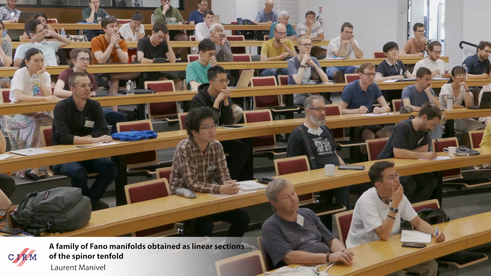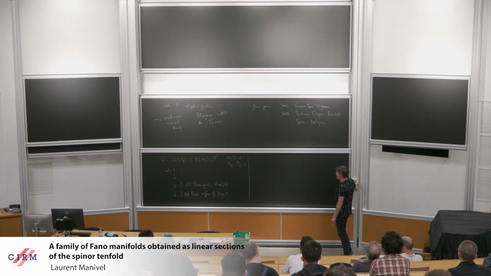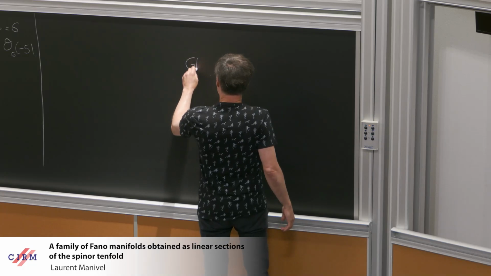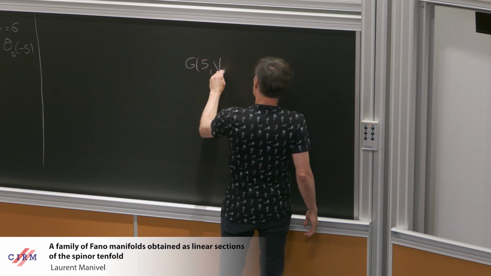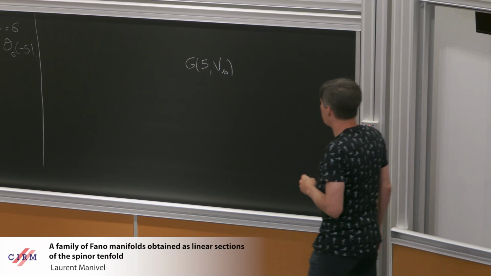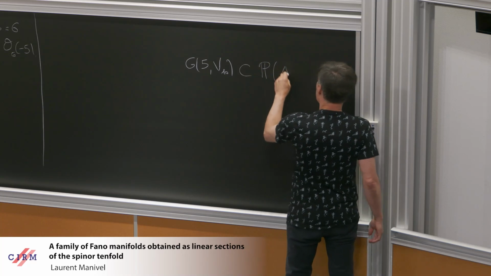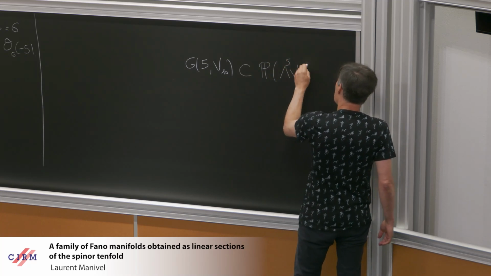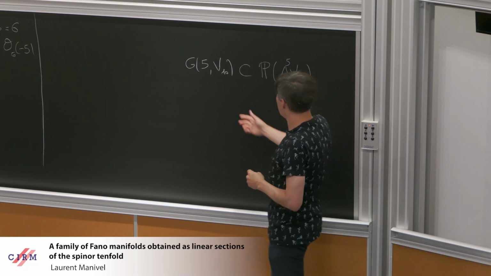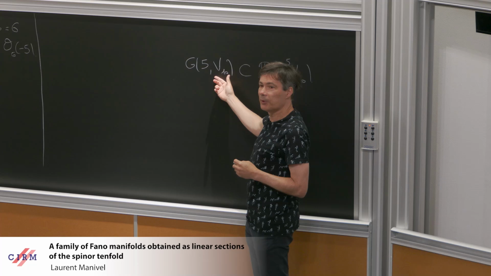So the spinor tenfold, what is that? You start with essentially the same Plücker embedding of the Grassmannian. This time you start with a 10-dimensional vector space, and you look at the Grassmannian G(5,10) with its Plücker embedding. And now you add a little ingredient, which is that you consider a non-degenerate quadratic form on your space V10.